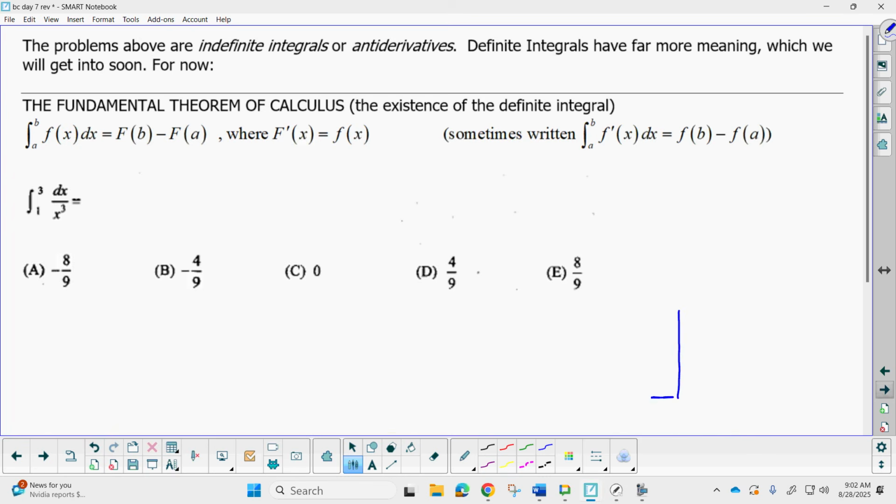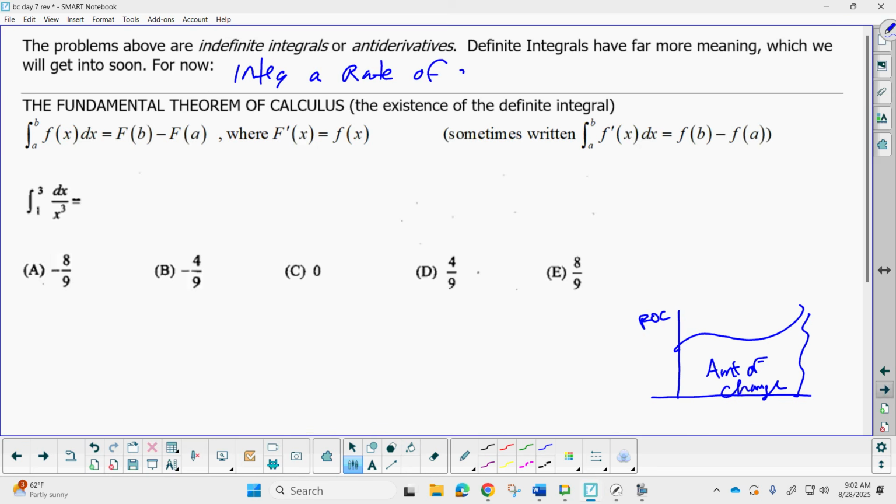If you talked about integrating a rate of change, the area under that curve would represent the amount of change. And so I'm going to say that right here. Integrating a rate of change gives amount of change.